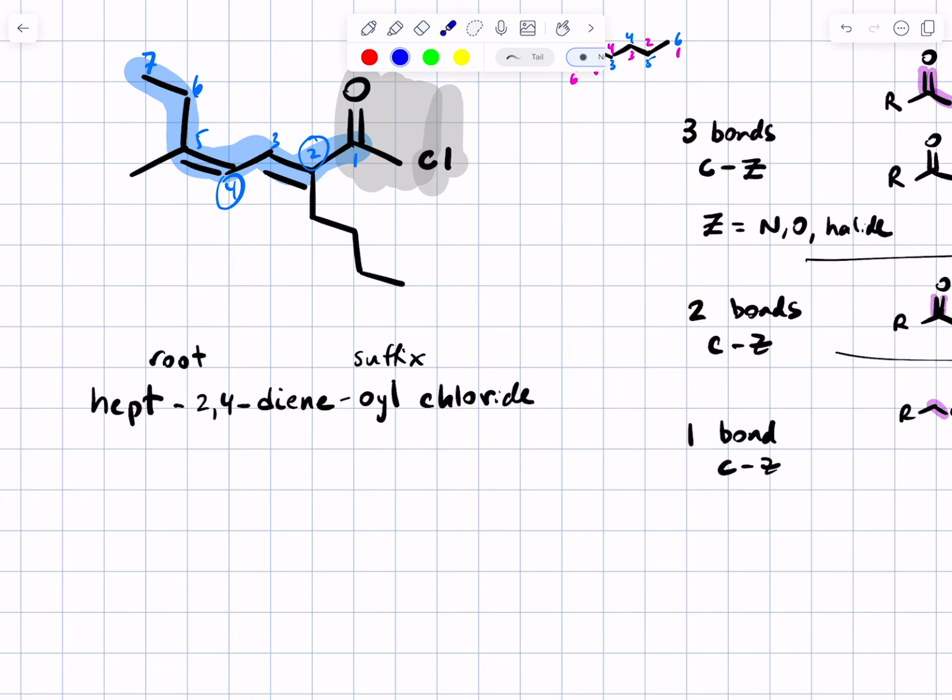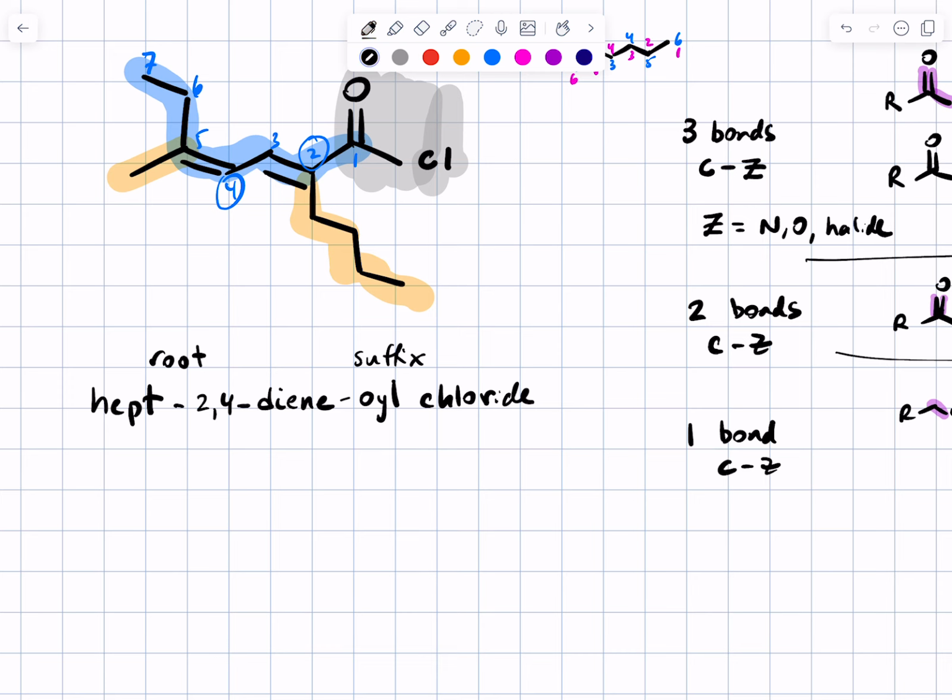So now we're to prefixes. We've got the appropriate suffix, the root with the name and the number of double bonds. Everything else, all the other things, are going to be substituents or appendages to the main chain, and we're going to name them as such. We need to know their identities and their locations.